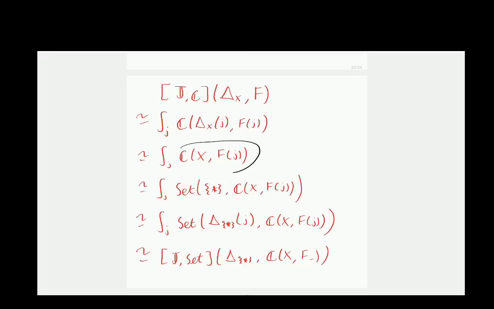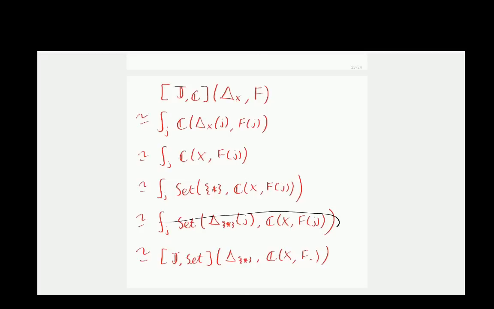Hopefully you can see that this is the same kind of thing as this, because the set of functions from a singleton set into another set is the same thing as the set of elements of that other set. And now we can rewrite this like this. Again, we're replacing this singleton set here with the constant functor evaluated at j.